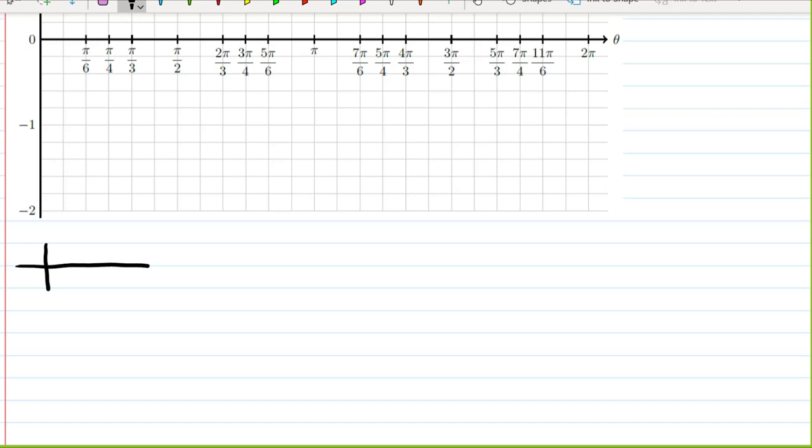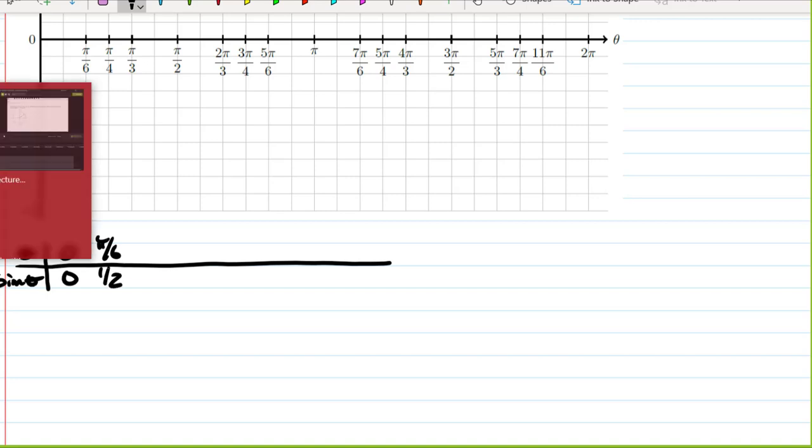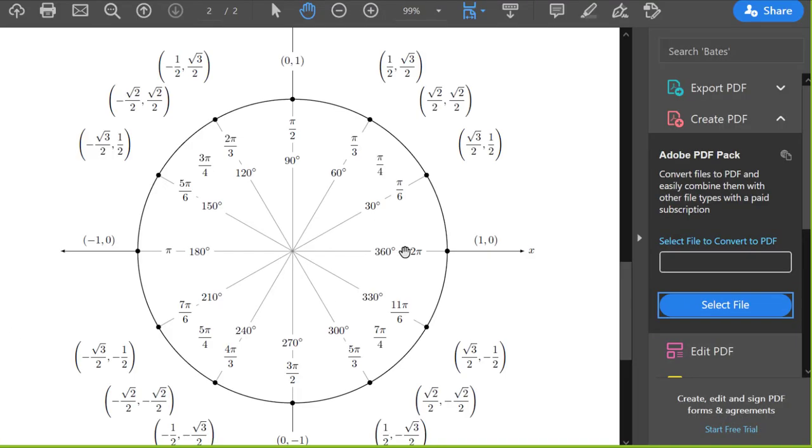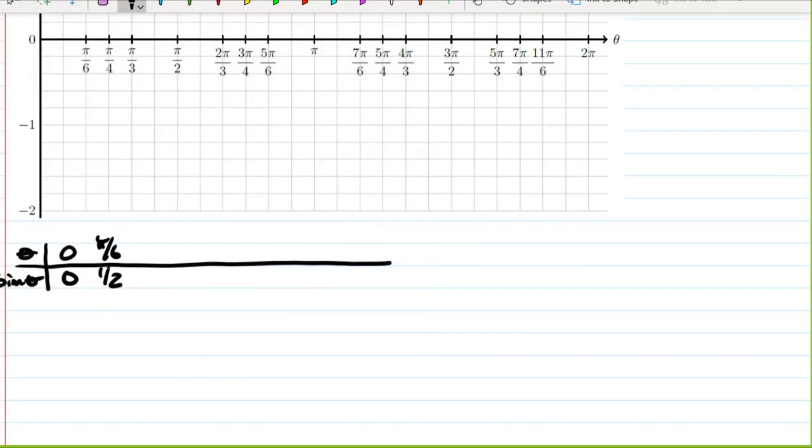So let's go ahead and approximate some of these values. We have theta and we have sine theta. We know that the sine of 0 was 0 from our unit circle. The sine of pi over 6 is going to be 1/2, right? So we go to pi over 6, the y value is 1/2. The sine of pi over 4 is going to be square root of 2 over 2.